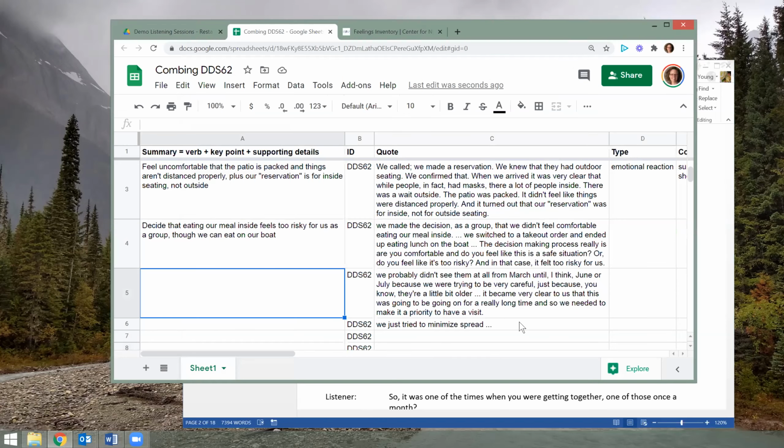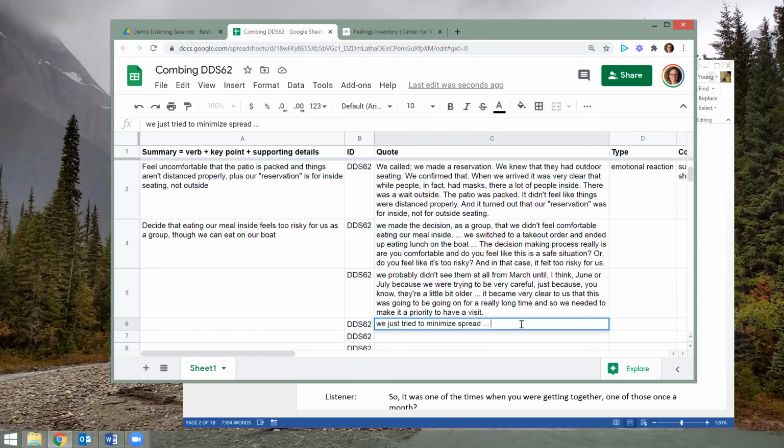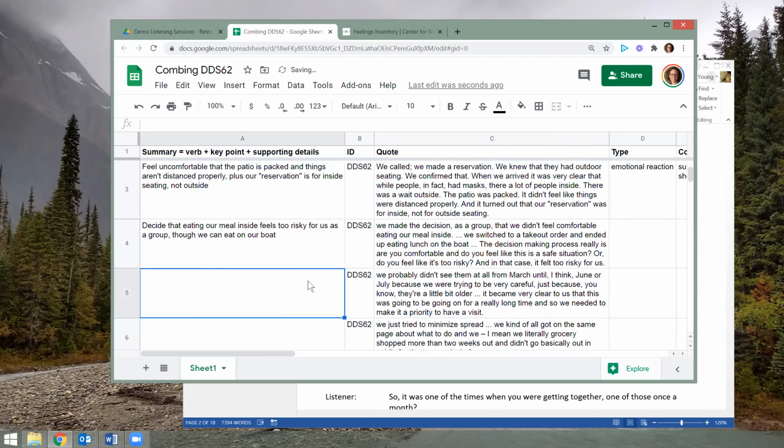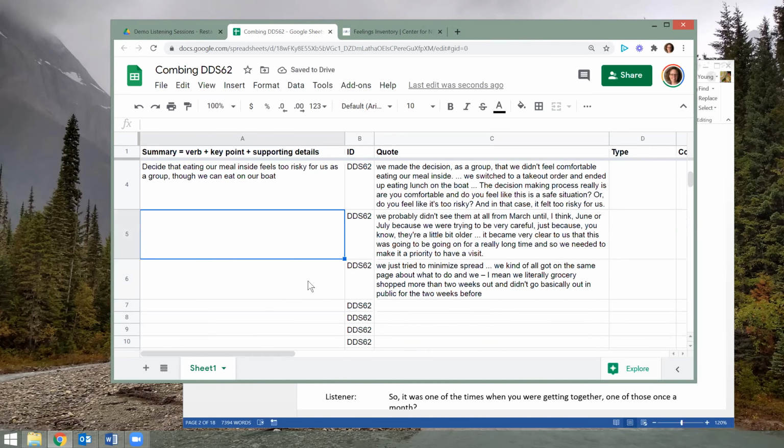Let's put that over here. Now let's look at what we've got here. We've got, I didn't see them because we wanted to be careful because they're older, but wow, we really need to make a visit now, meaning June or July when they were thinking this. So now I have to turn it into present tense and I have to think about some verbs here.